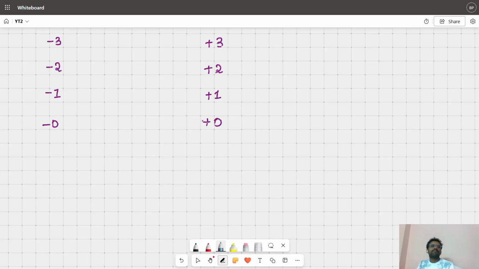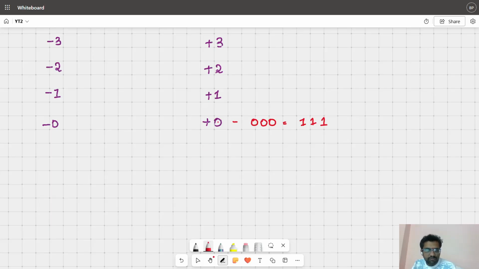The mistake students always make is this: if I ask them to find the ones complement of +0, immediately they consider it as 0, 0, 0, which is nothing but 1, 1, 1.